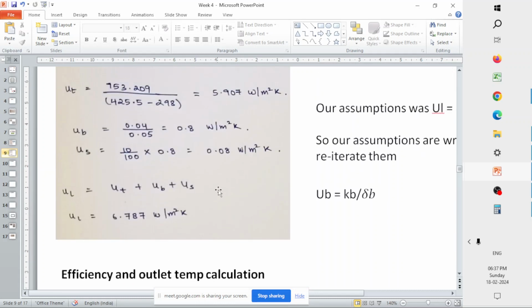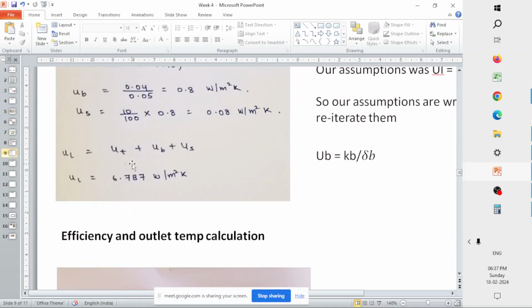If you add all these UT, UB and US, then as I told previously, the loss coefficient is not associated with one particular side. It is happening on all the sides, top, sideways as well as bottom. So you have to take the sum of all three. UT plus UB plus US, so your UL value is 6.787.